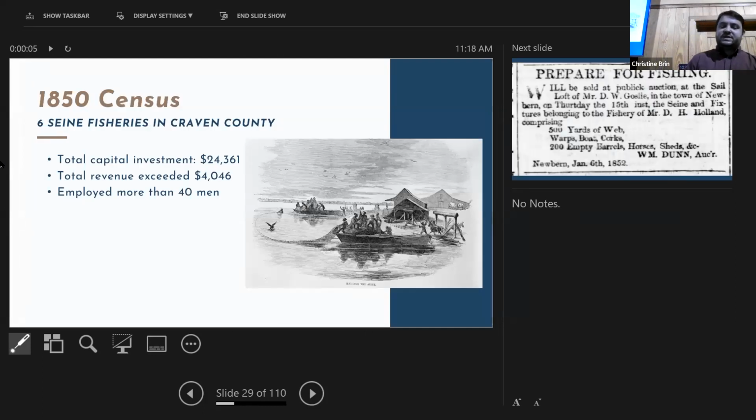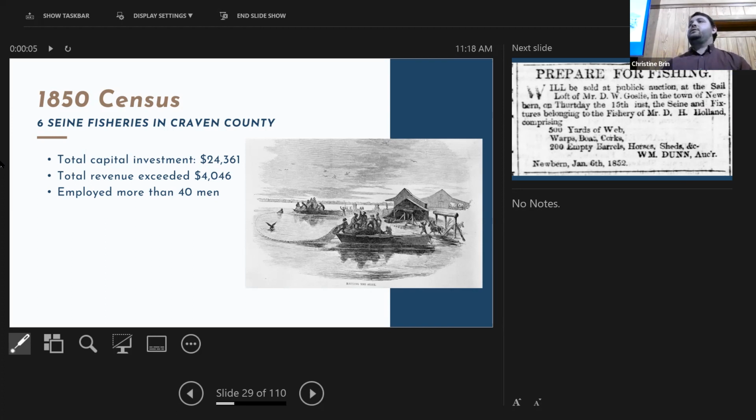In the 1850 census for Craven County, they list 6 large wholesale fisheries, most of these being below New Bern, with quite a bit of money wrapped up in them. Today, this would be tens of thousands of dollars in investment, and more than 40 men working in these fisheries.